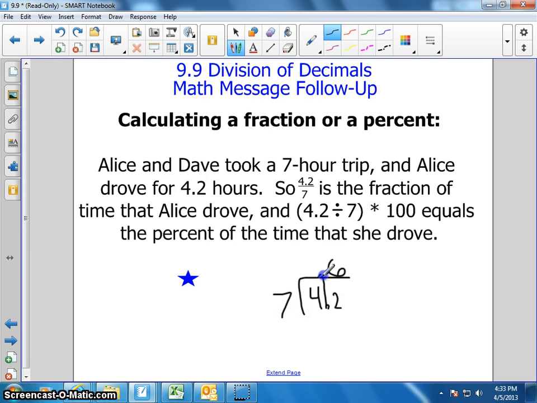Bring the decimal point up. And then how do we turn this into a percent? Multiply it by 100 to equal 60%. So that means the remainder, or the 2.8 hours, would have to equal 40%, because everything has to equal up to 100%.